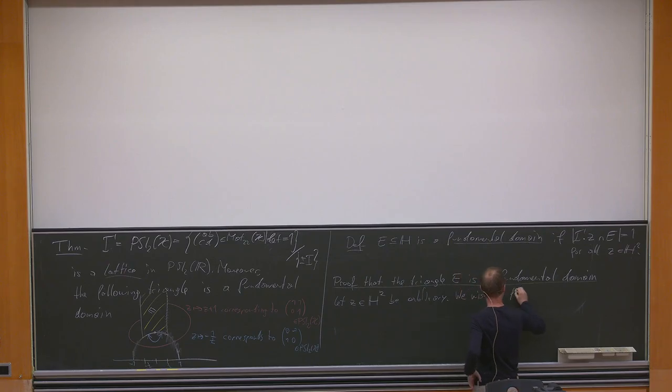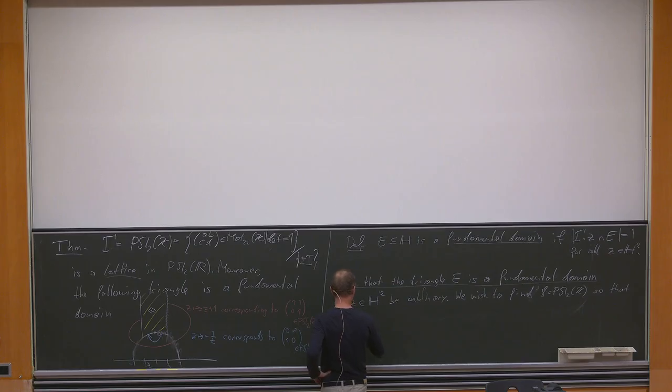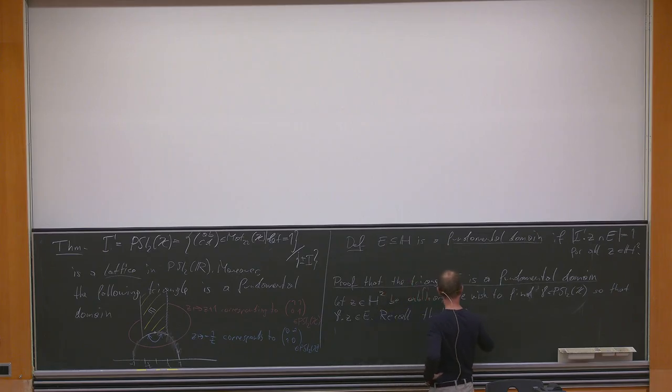We wish to find gamma in PSL2Z so that gamma applied to Z belongs to E. Recall that the imaginary part of gamma, or let me even write ABCD, Möbius applied to Z, is equal to the old imaginary part divided by the absolute value of CZ plus D, squared.